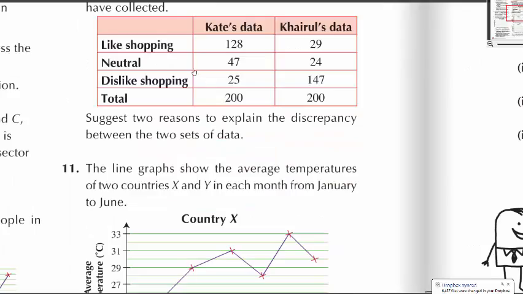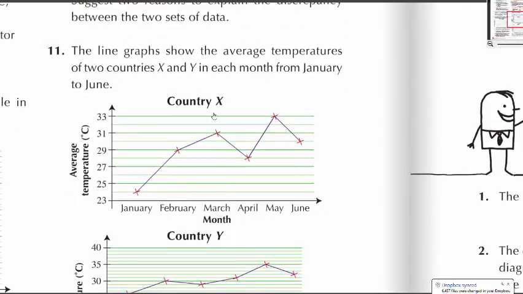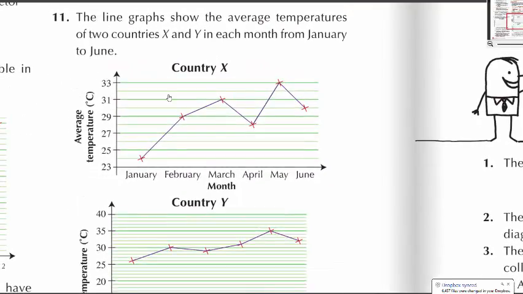Okay, let's go on to question 11. Here shows the temperature versus month across 2 countries, country X and country Y. So the month that we are concerned with is from January to June, and we measure the temperatures at the 2 countries.